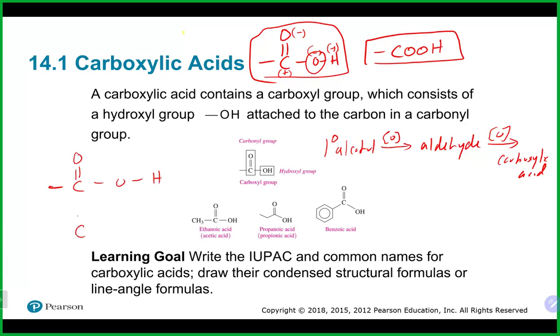If I could draw it, let's draw 2 of these like this. Like that. So for example, we can have our hydrogen bonding happening here. We could also get some hydrogen bonding happening at the carbonyl as well. And it creates this sort of dimer where they bond to each other really, really tight.